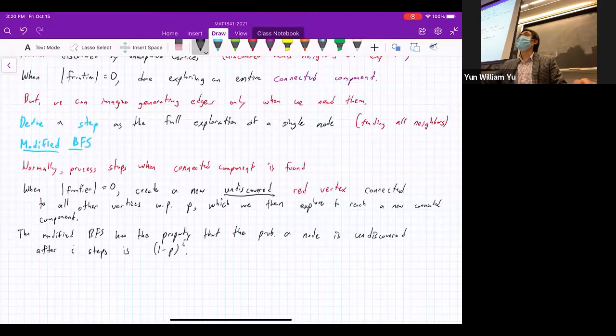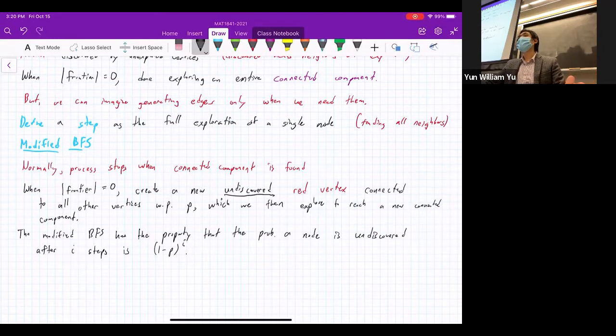Suppose the first connected component has size 10. What is the probability that some other node remains unexplored after 15 steps for the original BFS? It's 0, right? Because you just walk around your component. Your process stops, so it's undefined, or if you're continuing to walk around, it's 0.